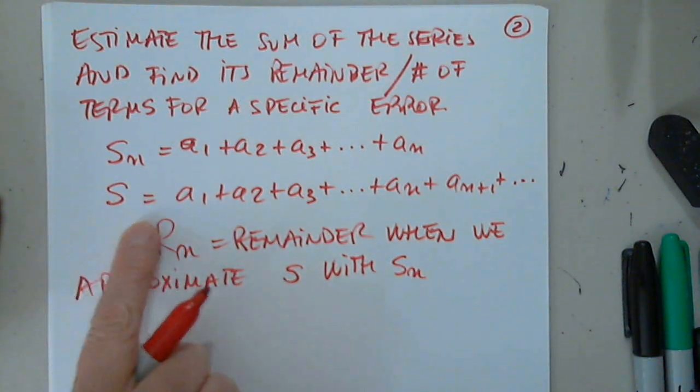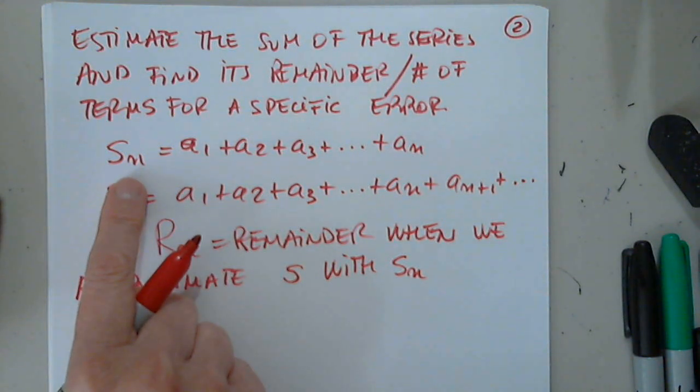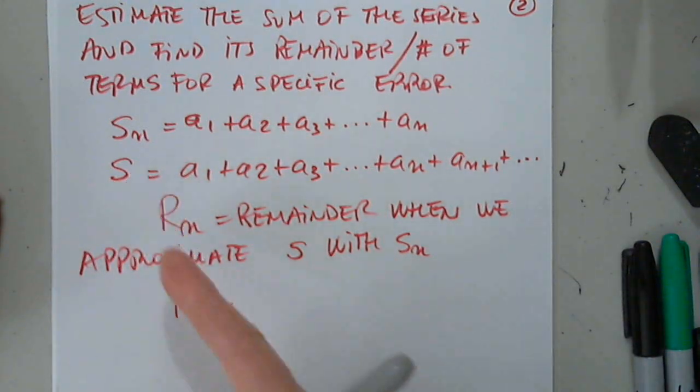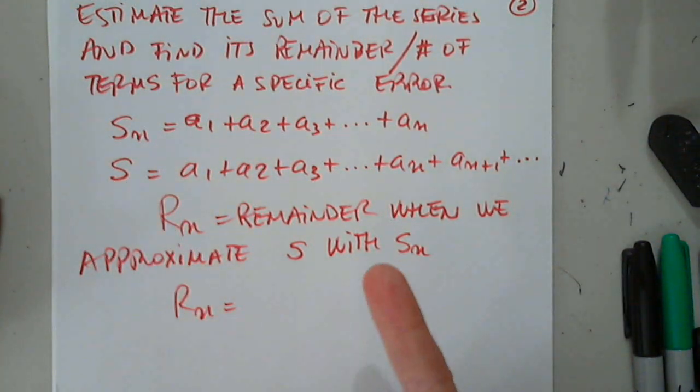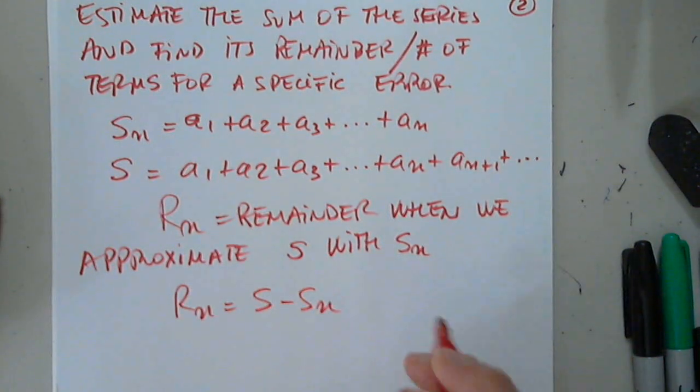When we estimate this, which we don't know, and we estimate it with a particular partial sum. So R sub n, which is the remainder for that particular n, will be nothing else but S minus S sub n.